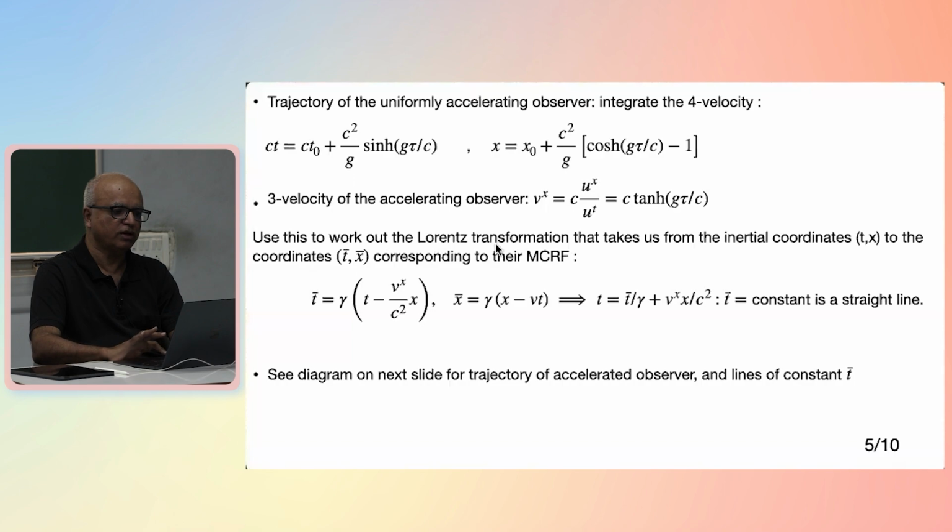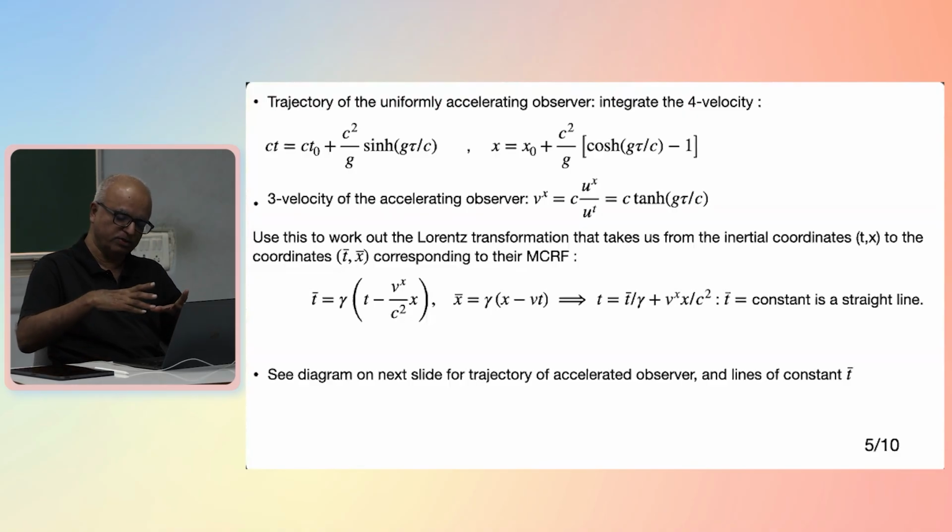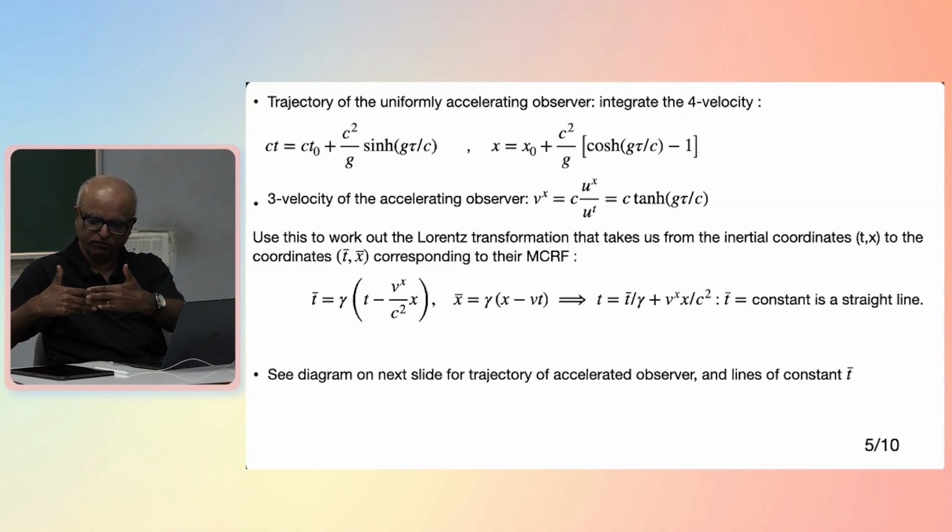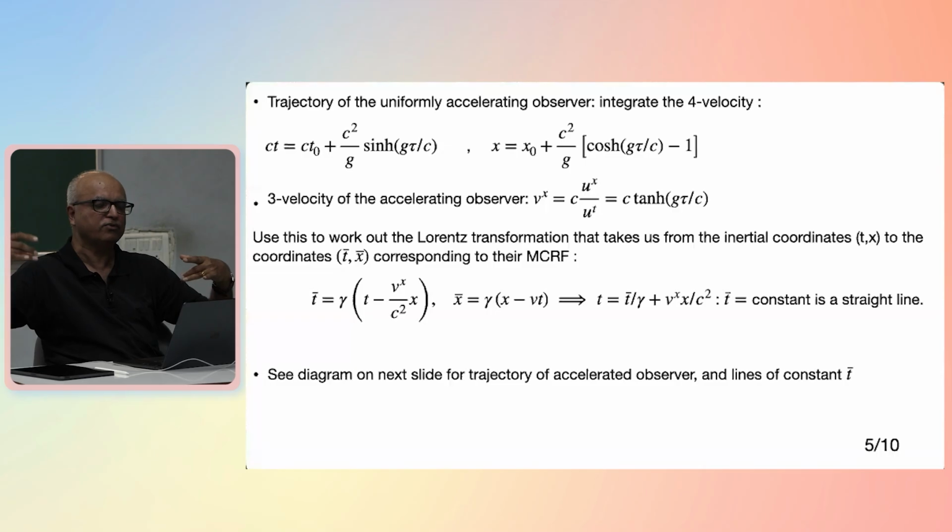Use this to work out the Lorentz transformation that takes us from the inertial coordinates t, x to the coordinates t bar, x bar corresponding to their MCRF. What was the MCRF? The frame with respect to which I am momentarily at rest. There are different MCRFs at different times tau, because your speed is going up.